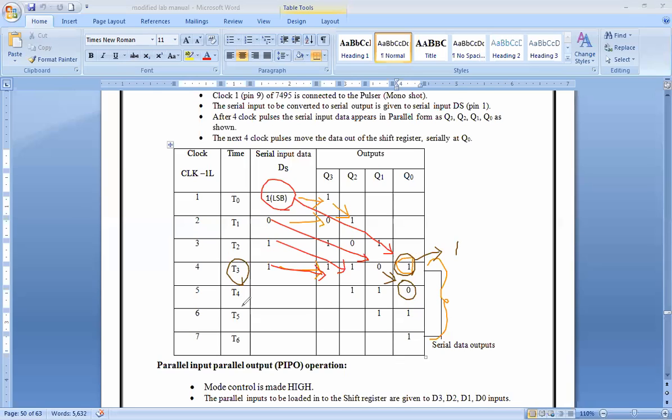Then in the next clock cycle at T4, 0. Then at T5, I'll have 1. Next at T6, I will get 1. So which means I am getting bit by bit values of my output. So this is nothing but your serial in, serial out.